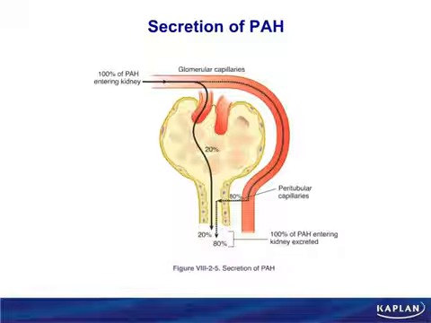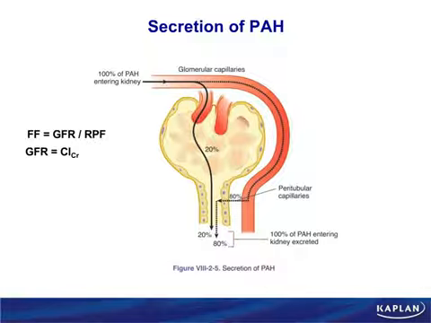So here's a nice question they can ask you. They can ask you to calculate the filtration fraction. And remember, we said filtration fraction is equal to GFR over renal plasma flow. GFR, we haven't calculated yet, but I'm sure you know, to calculate GFR, we will use the clearance of creatinine.